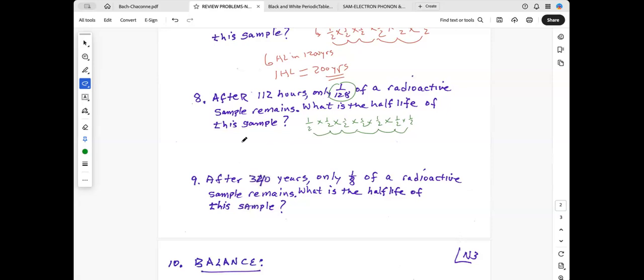So we have 7 half-lives in 112 hours. So now we divide by 7. 112 divided by 7 gives 16. So 1 half-life equals 16 hours.